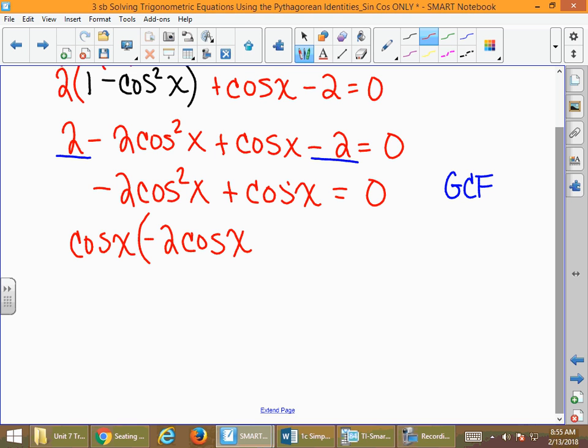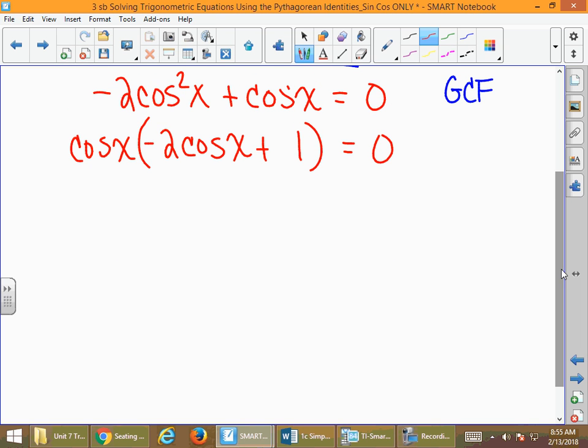We had a cosine. We factored it out. We still need a place marker there. Cosine divided by cosine is 1. We didn't have to use a U substitution, just greatest common factor. I'm going to set cosine of x equal to 0. And we're going to set negative 2 cosine of x plus 1 equal to 0.